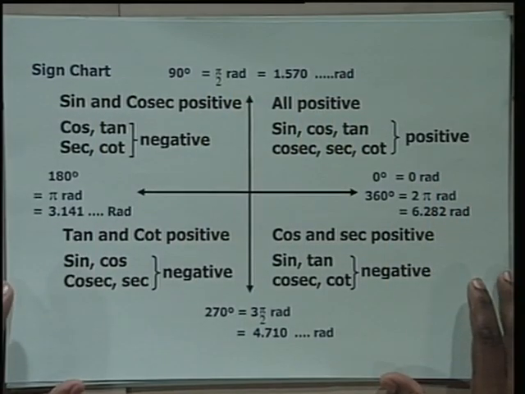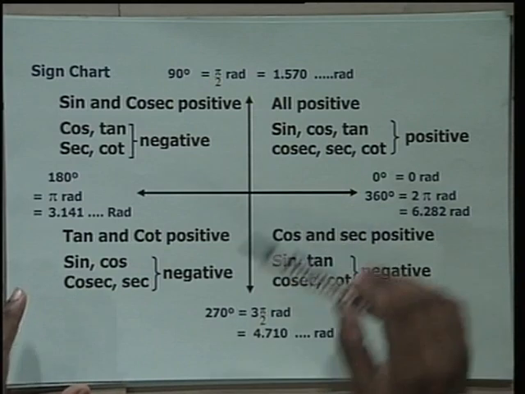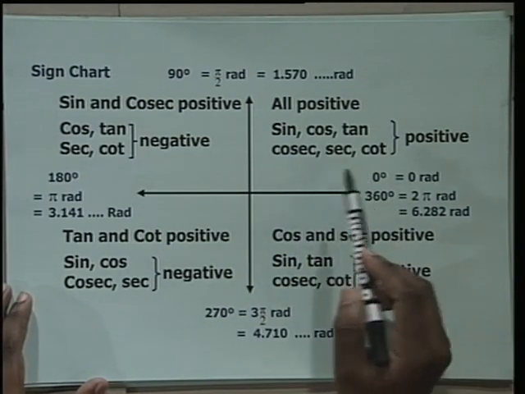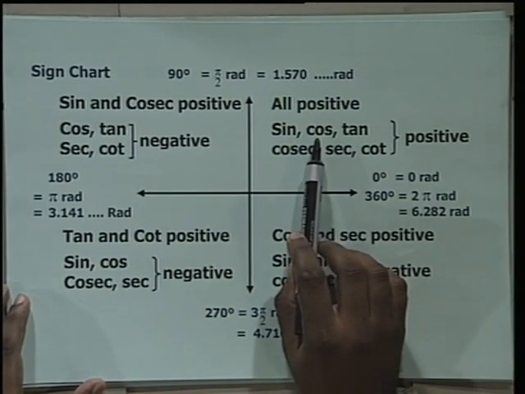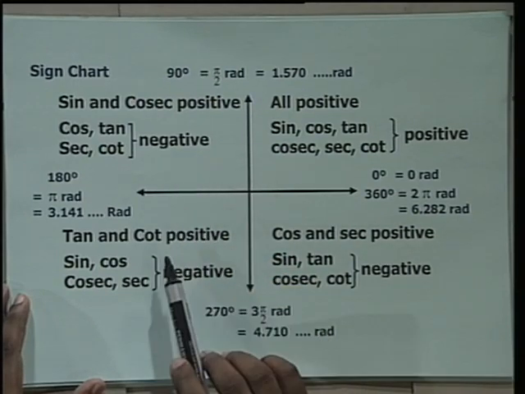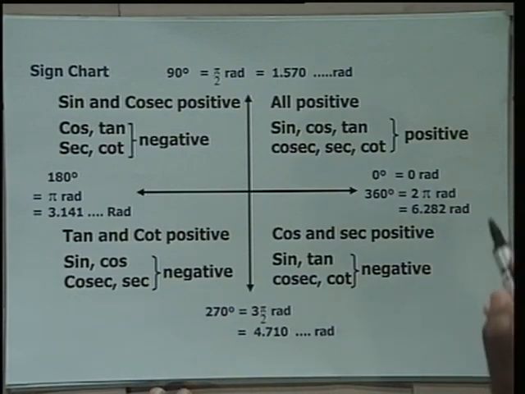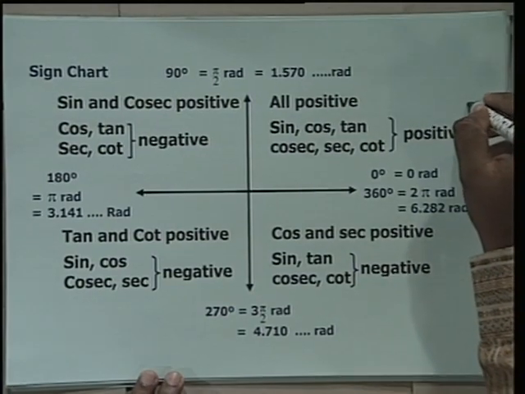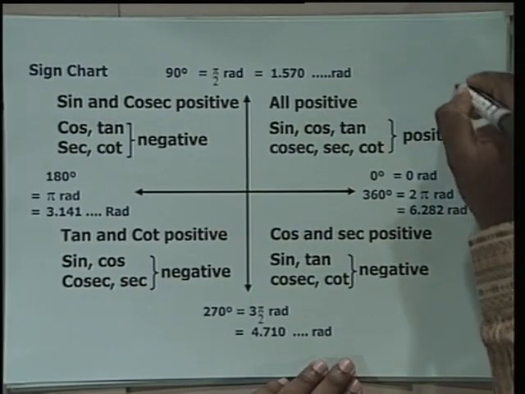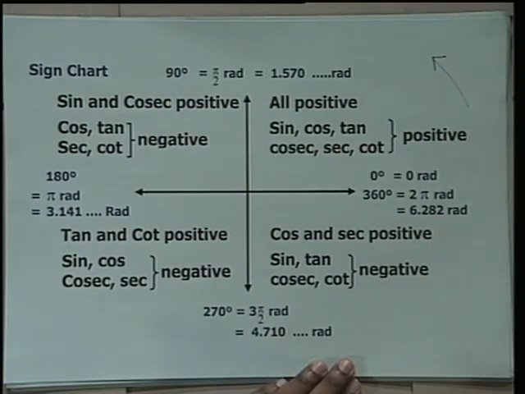We have divided the plane into 4 quadrants. The 4 quadrants, the first one, second one, third one, and fourth one. As you know, angles measured from the horizontal in an anti-clockwise direction are taken to be positive.